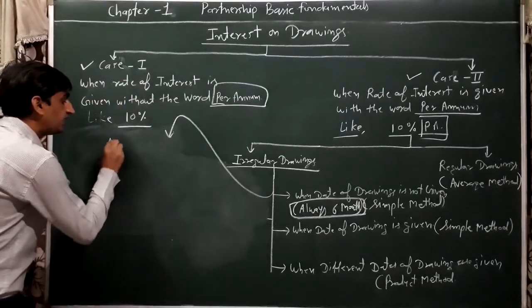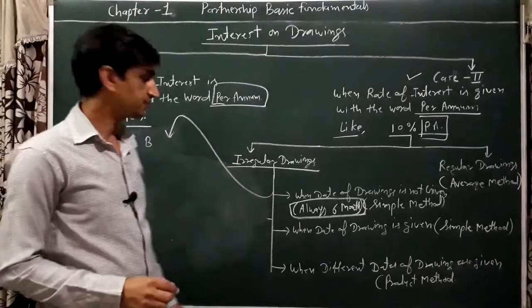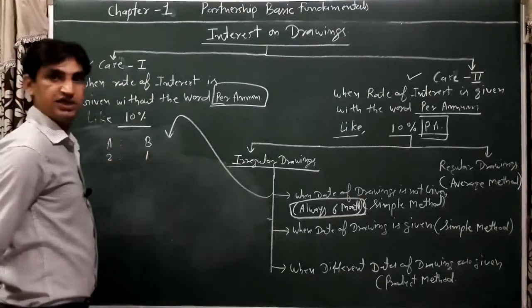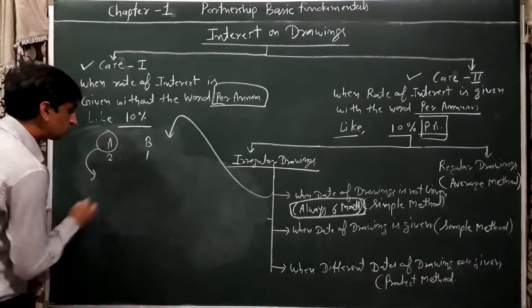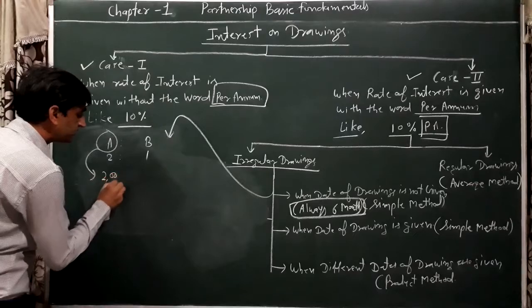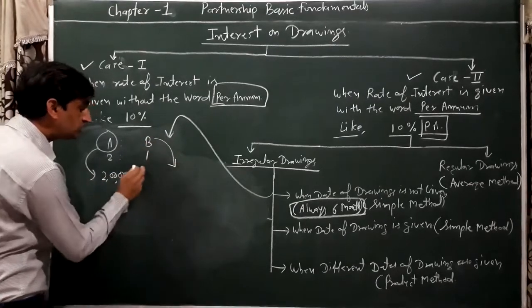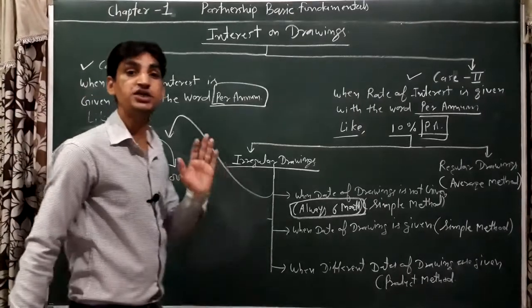Mr. A and Mr. B are two partners in a firm sharing profits and losses in 2:1. Is it clear? A withdrew rupees 2 lakh while B withdrew rupees 1 lakh during the year.